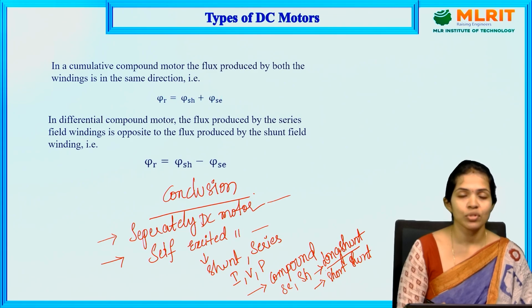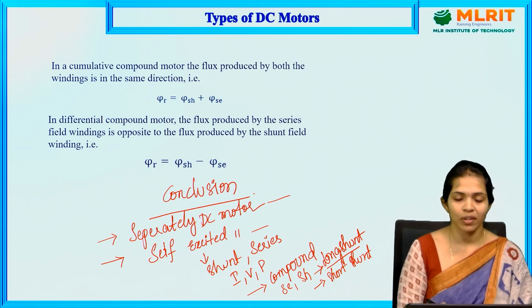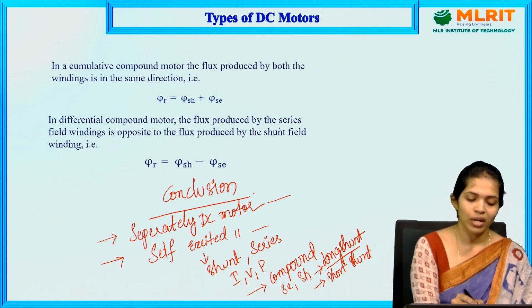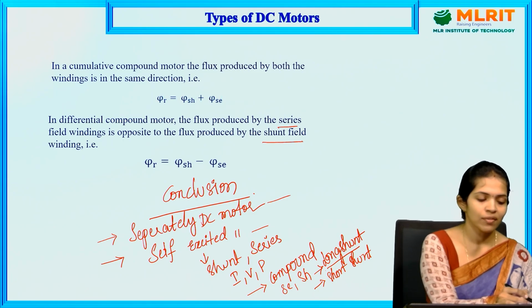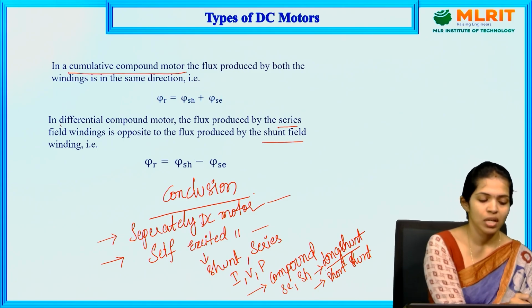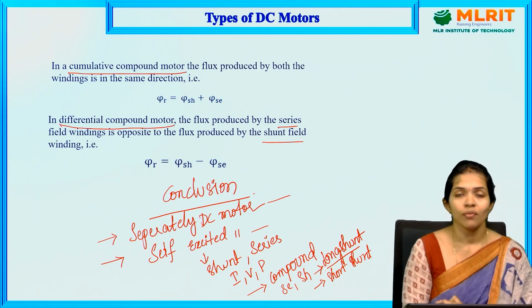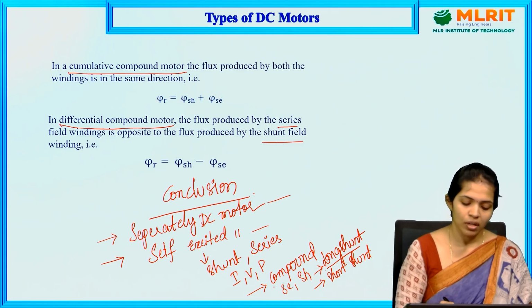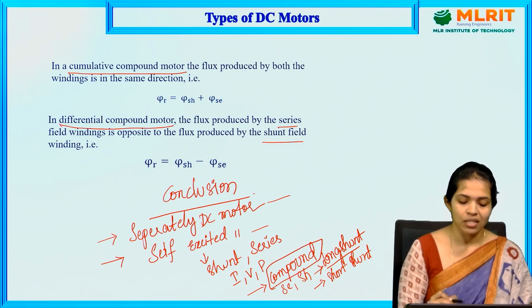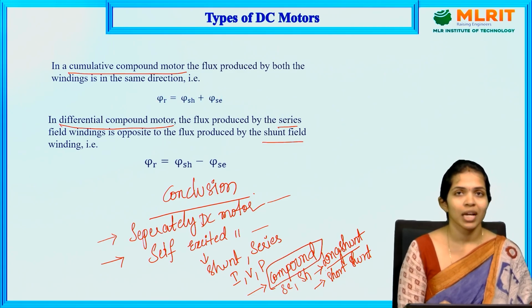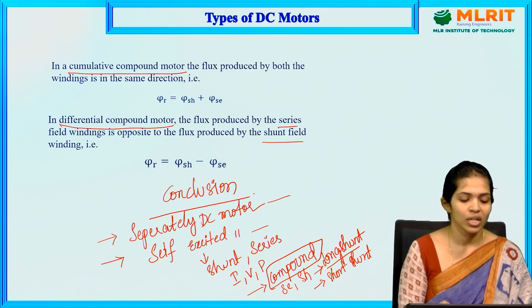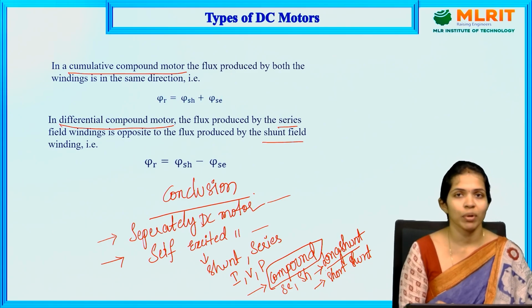Based on the opposition and aiding of the flux in the series field winding and shunt field winding, we saw the cumulative compound wound motor and the differential compound wound motor, which is one more classification of compound wound motors in DC motors. So this is about the types of motors we discussed in today's class and the respective voltage, current and power equations.